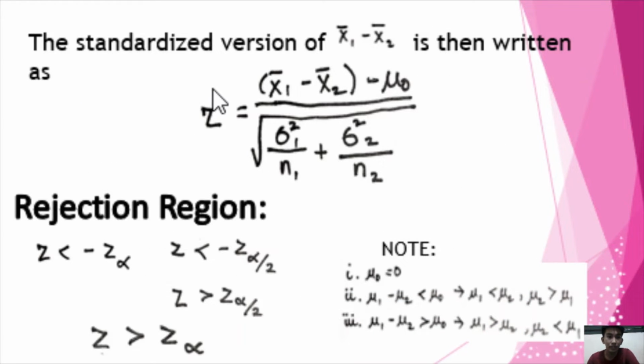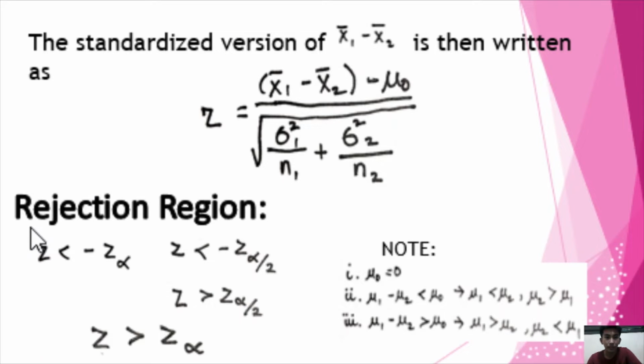The standardized version of x bar sub 1 minus x bar sub 2 is written as z is equal to the quantity x bar sub 1 minus x bar sub 2 minus mu sub 0, all over the square root of sigma square sub 1 all over n sub 1 plus sigma square sub 2 all over n sub 2. Ito yung gagamitin nating formula, yung standardized version.